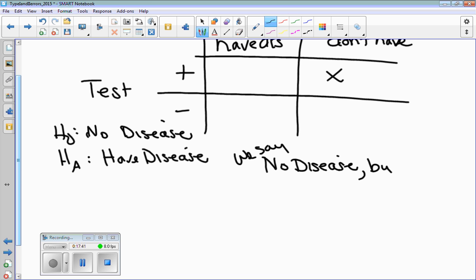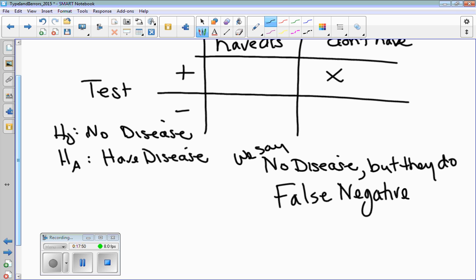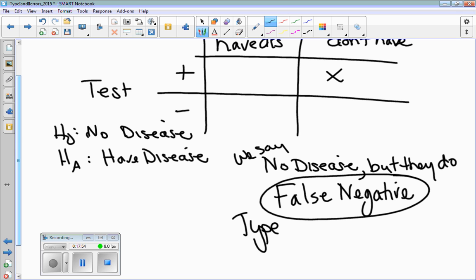You're exactly right. Okay, so that would be a false negative. Thank you very much, Isaiah. Sometimes I have to write it out. Okay, so false negative would be a type 2 error. So let's make sure what a type 1 error is. A type 1 error is when I do what?